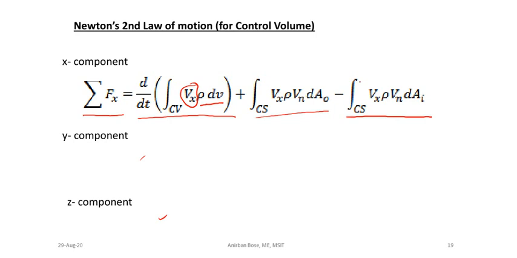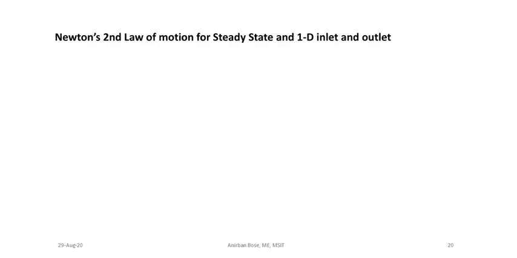Now if you consider a special case of this, that is Newton's second law of motion for steady state and 1D inlet and outlet. Now for the steady state, if we write the x component of the equation, then what will that be? Summation of Fx. Since it is a steady state, the unsteady part will become 0.